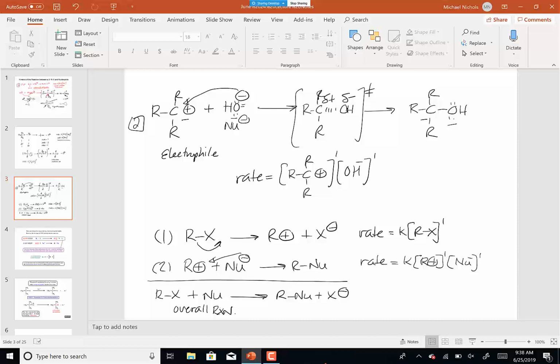So this is the accepted mechanism for the reaction of a tertiary halide. And there's another term we need to define, which we can do by these mechanistic steps. There's actually multiple terms.